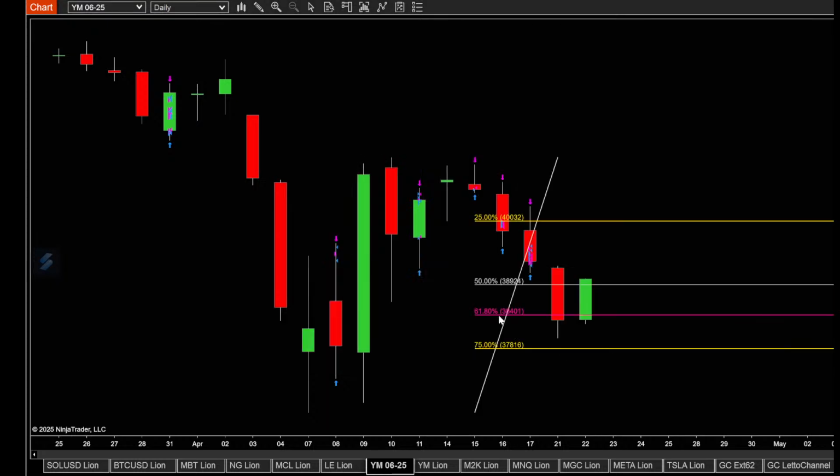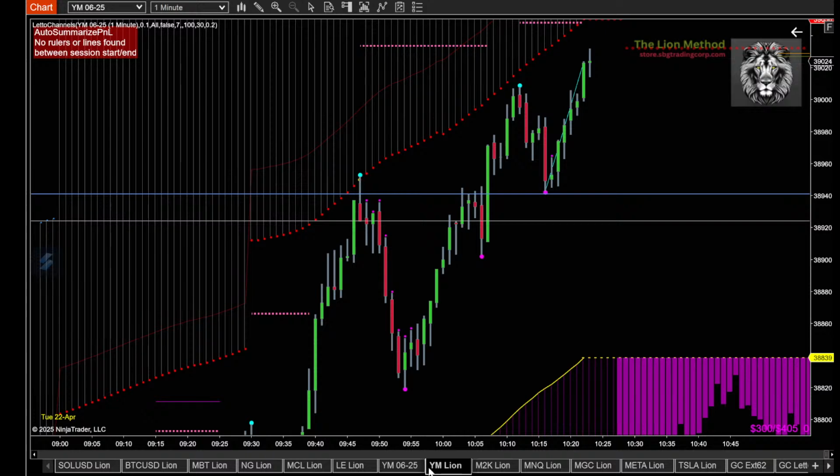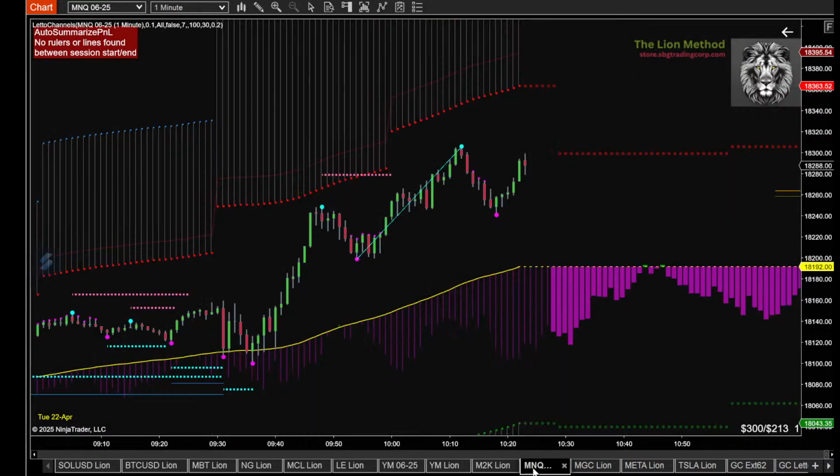So there was 61.8. Well, I went past it. So Fibonacci was wrong. I get it. It's a fascinating number sequence, the Fib sequence. I'm not casting shade on Fibonacci.